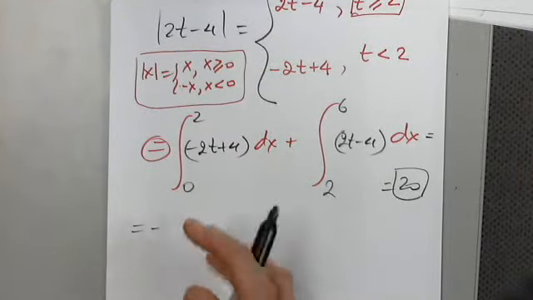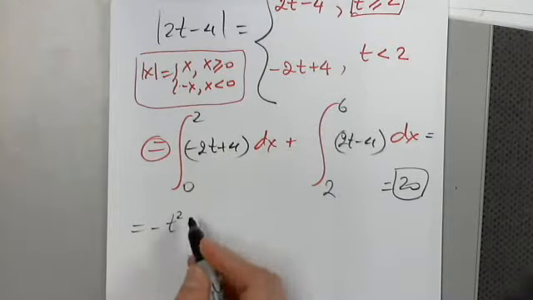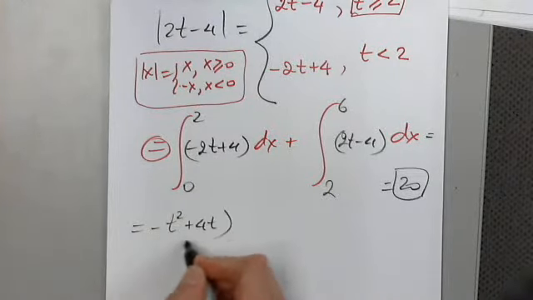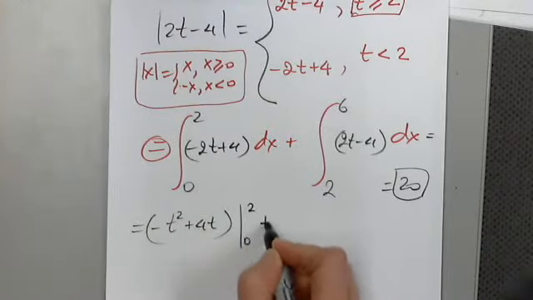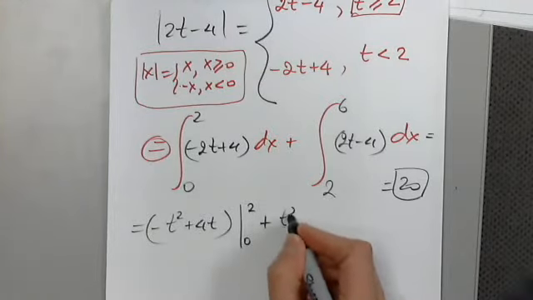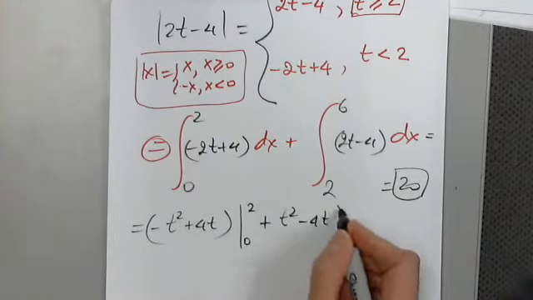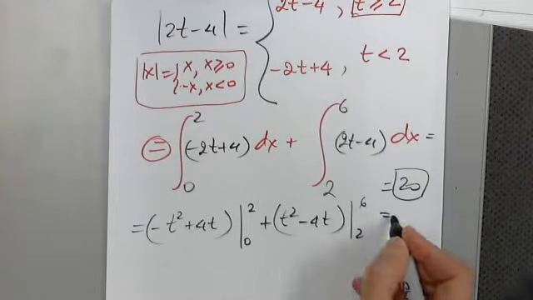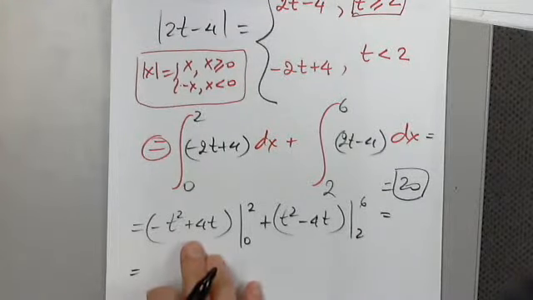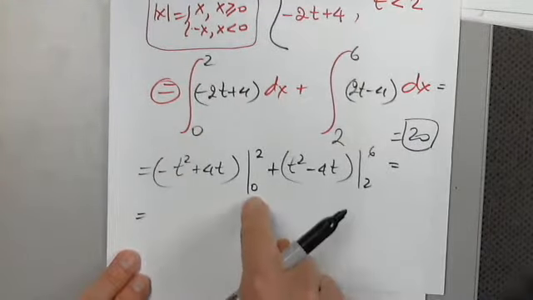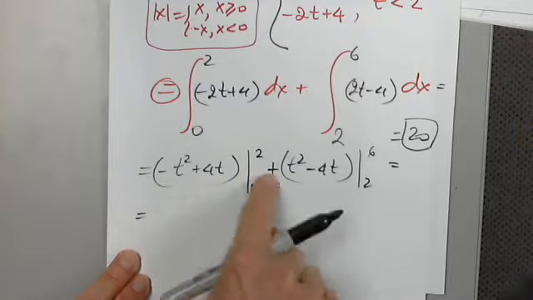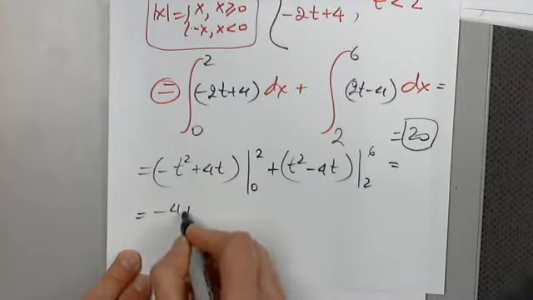Okay. So negative 2t squared over 2 will be negative t squared, and plus 4t, this one from 0 to 2, and the other one will be t squared minus 4t, but this time from 2 to 6. In the first one, I got lucky because there is 0 at the bottom, so I only plug in 2: negative 4 plus 8.